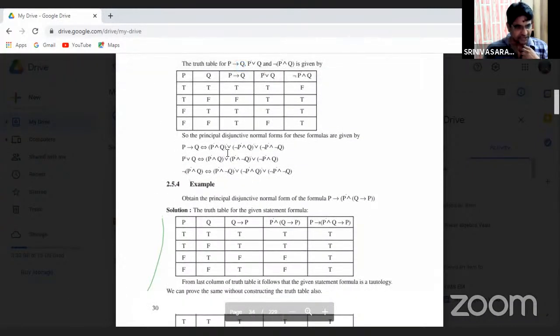Now P conditional Q can also be written in the disjunctive normal form. What is P conditional Q in the disjunctive normal form?